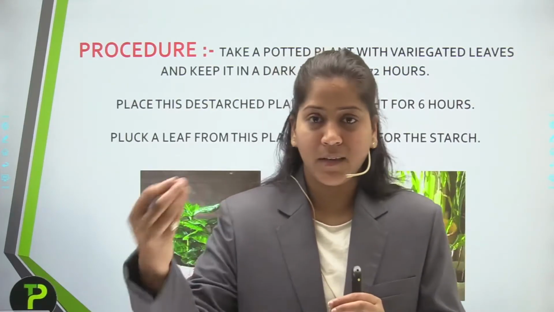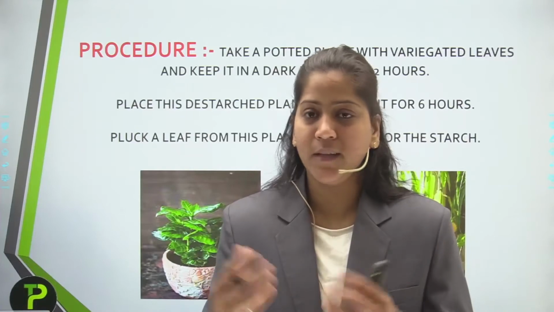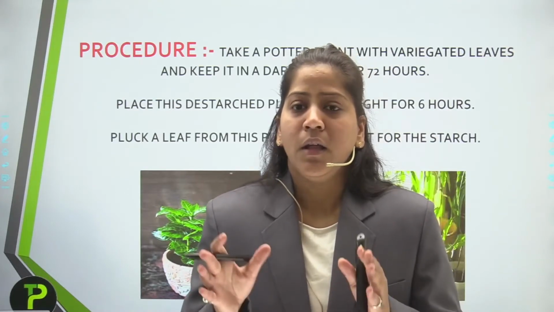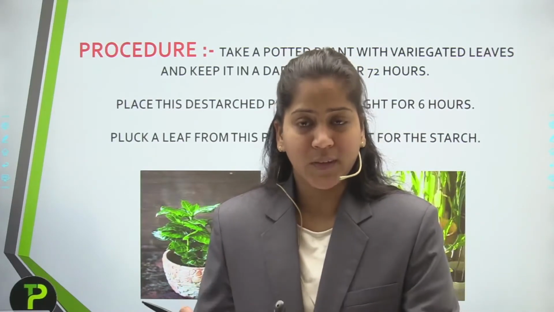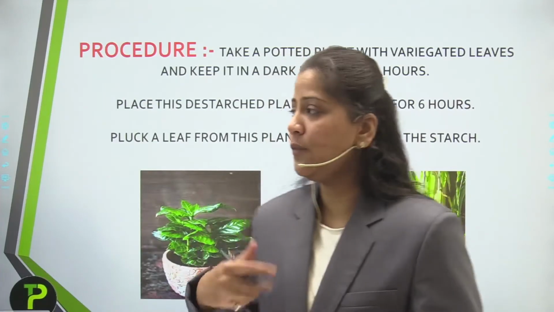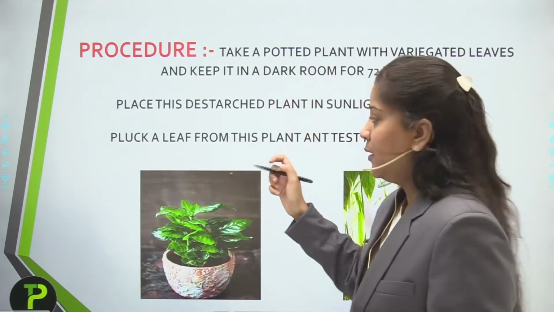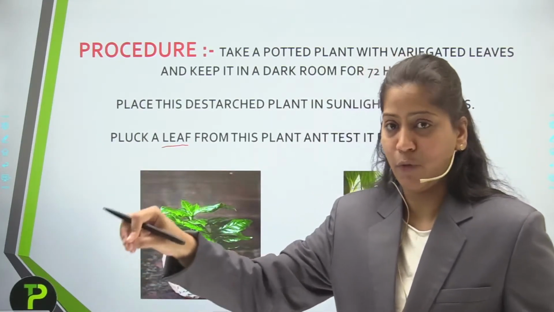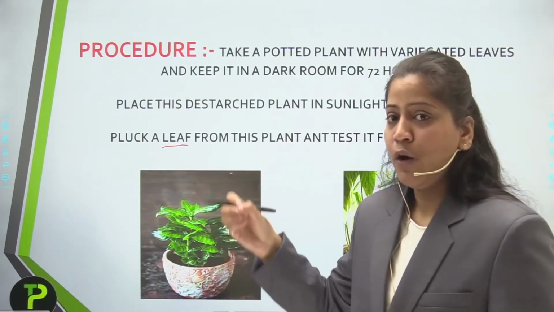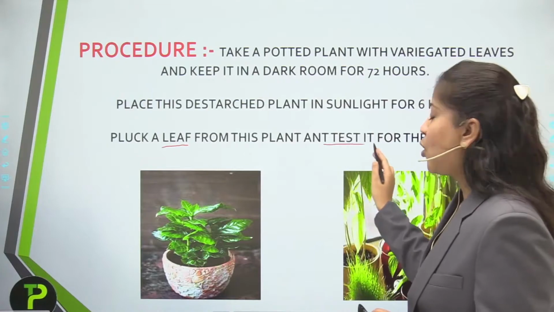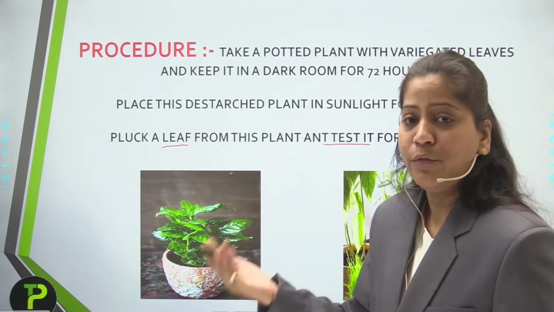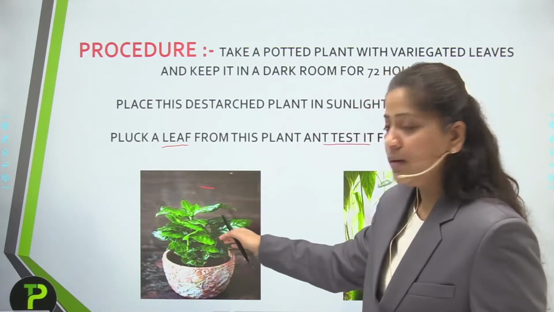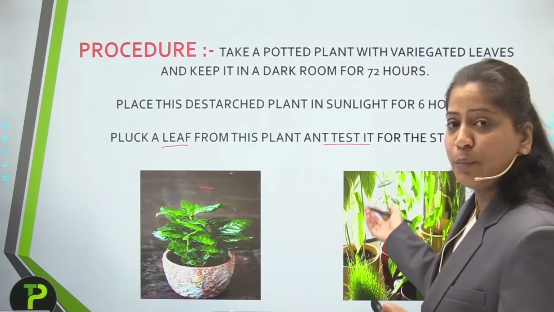Now the plant has done photosynthesis with the help of carbon dioxide from the environment, sunlight, and water, and has made starch. Now we pluck a leaf from the plant which we put in sunlight for 6 hours and test it for the need of chlorophyll. This is the plant which was put in a dark room, and this is the plant which was put in the sunlight.